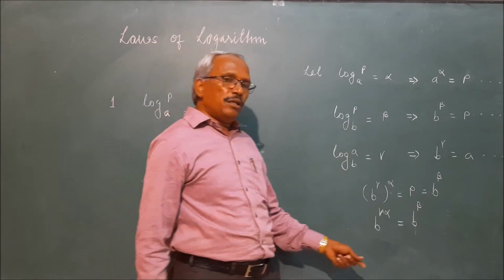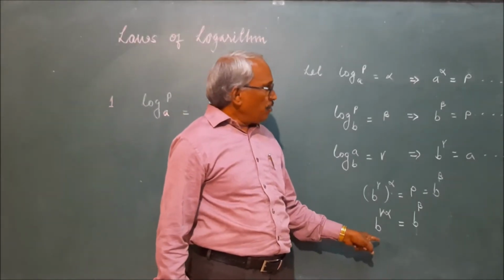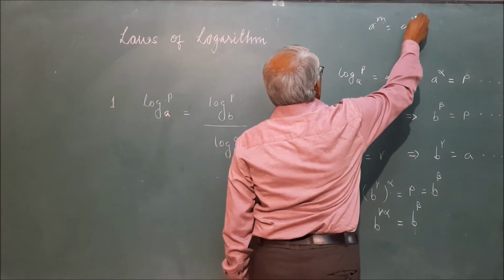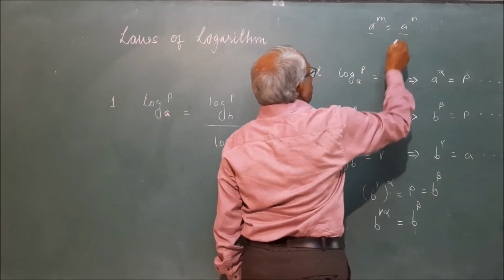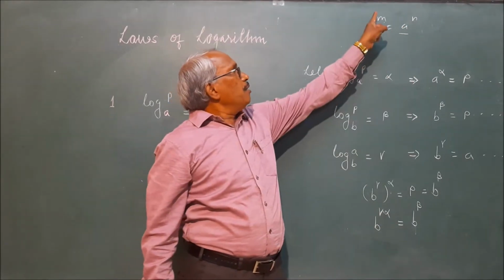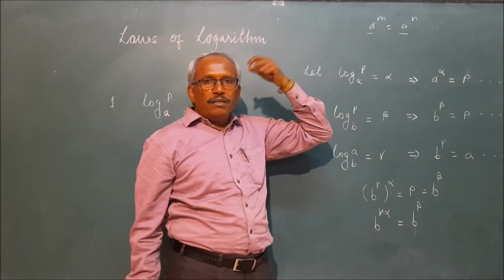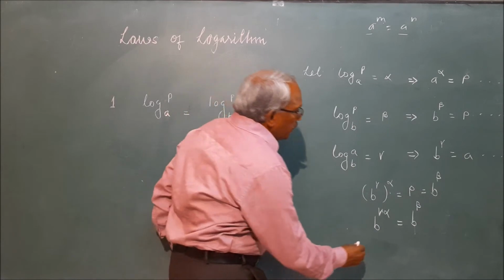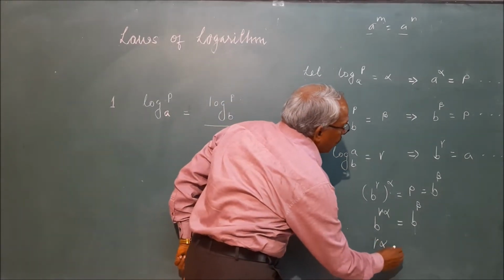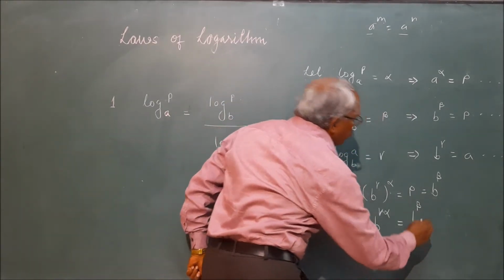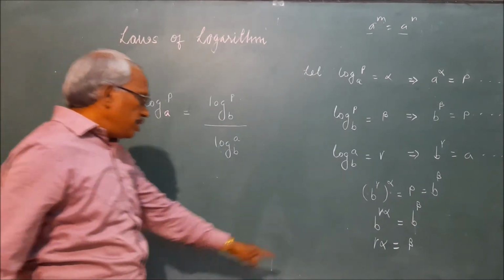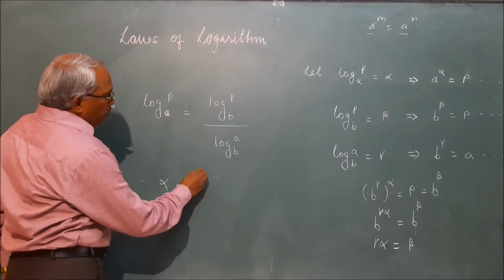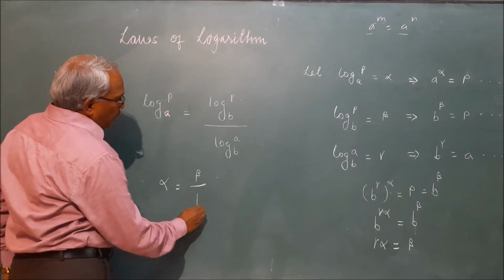Now again, by using laws of exponents, if the base is the same and there is an equality sign, we can write that the exponents are also the same. So I can write gamma into alpha is equal to beta. So alpha is equal to beta upon gamma.